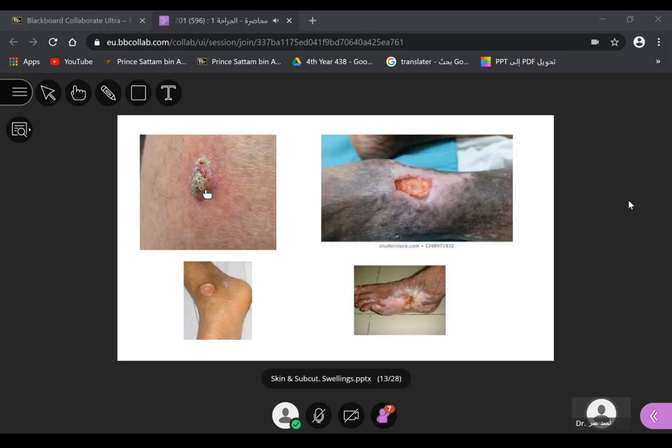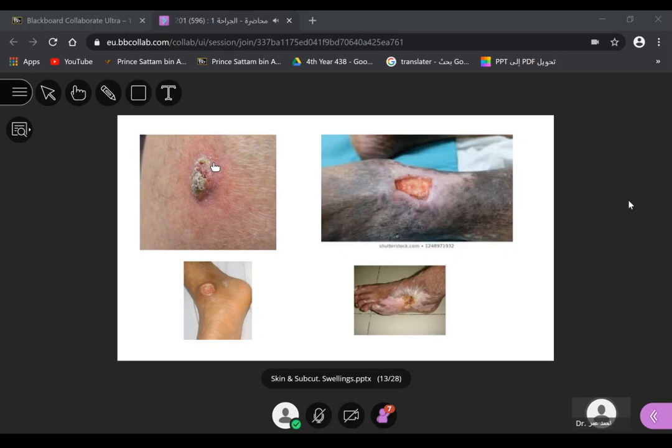Now, if basal cell carcinoma happens mainly in the triangle of the face, where is squamous cell carcinoma usually encountered? Any answer? Below the triangle, anywhere, lower limb. But particularly where? Particularly in sun exposed areas of the body.